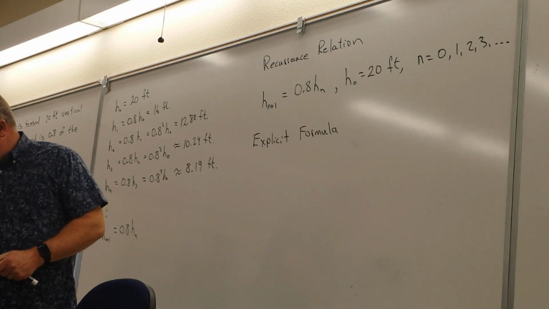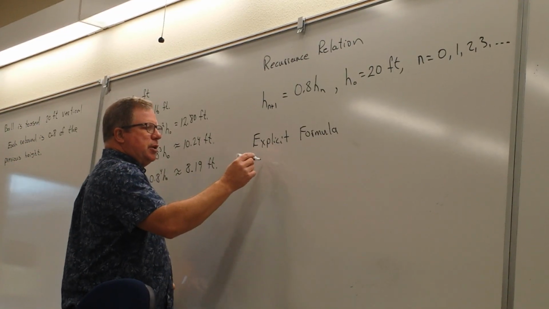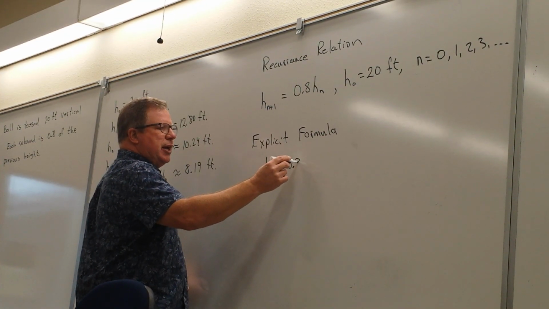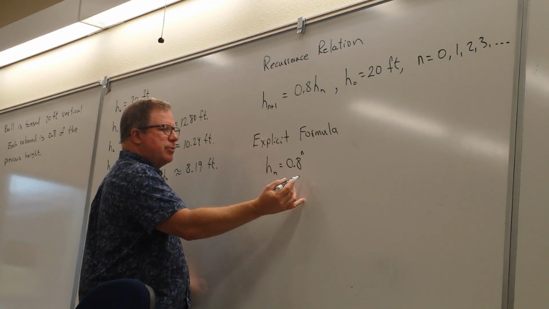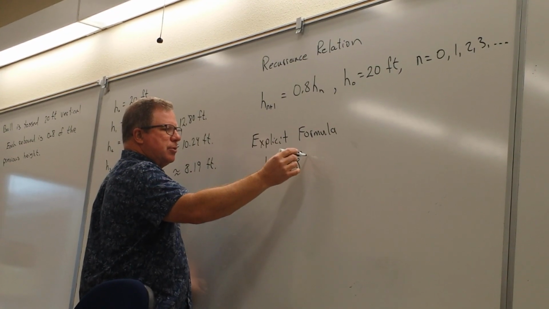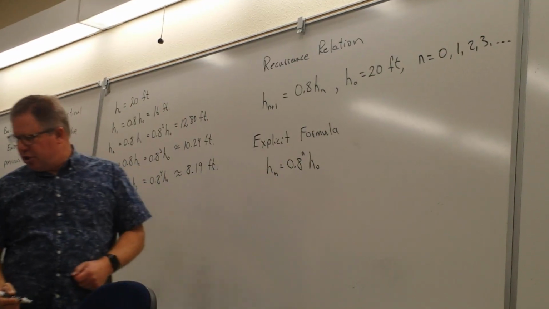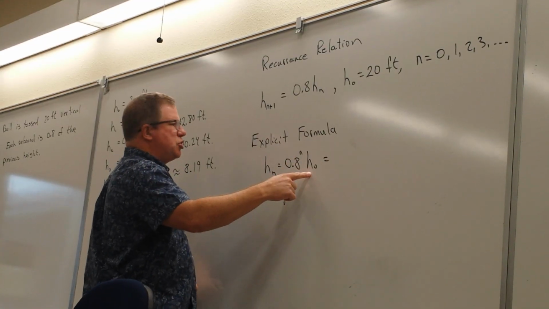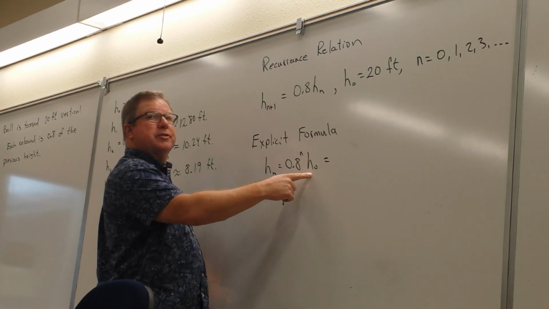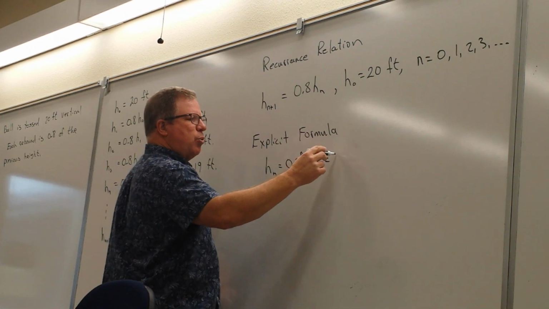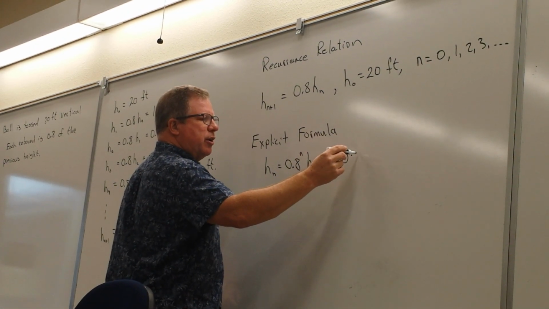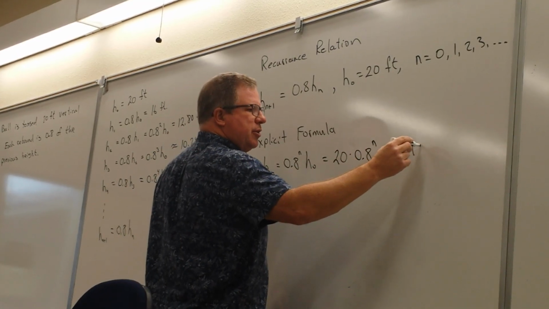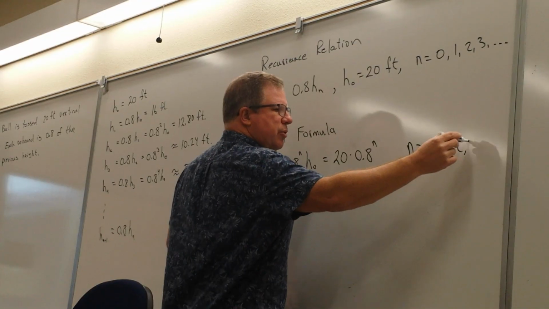So our explicit formula is going to be h sub n is 0.8 to the n times h naught, which is, what is h naught? 20. I'm going to write the 20 in front. 20 times 0.8 to the n power, where n equals 0, 1, 2, 3, and so on.